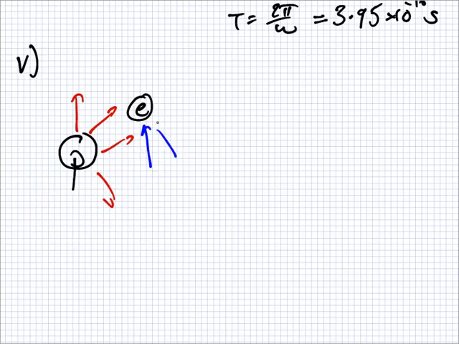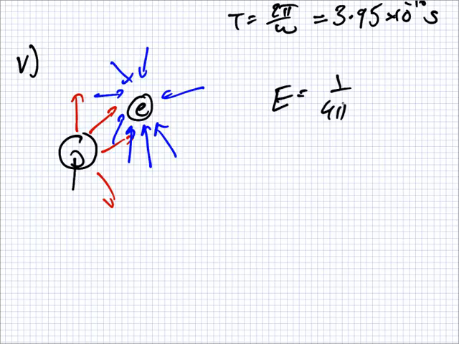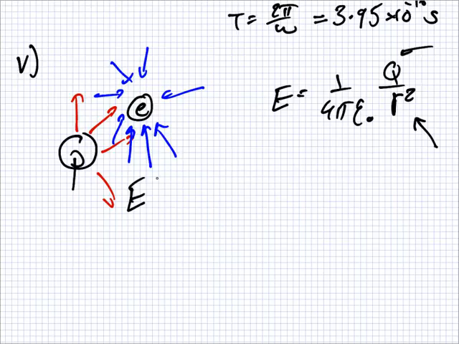Is it not the same as the one we got earlier? The electric field strength will be the same here. E equals 1 over 4 pi epsilon 0 times Q over r squared, but because the Q and the r are the same, you're right, the electric field strength will be the same. What was my answer earlier, Hareen? 1.44 times 10 to the power 11.